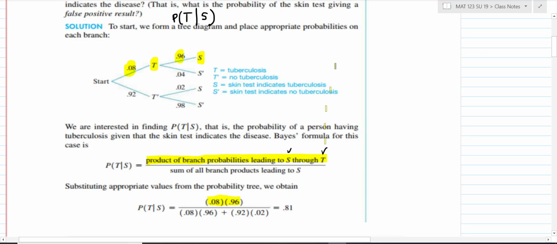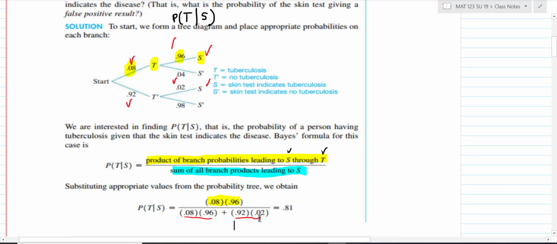Then you look at the sum of all branches that go to S, that go to the skin test. You would end up here or you would end up here. So you would go through this part, the 0.08 and 0.96 again, and then you would go through this part, the 0.92 and the 0.02.